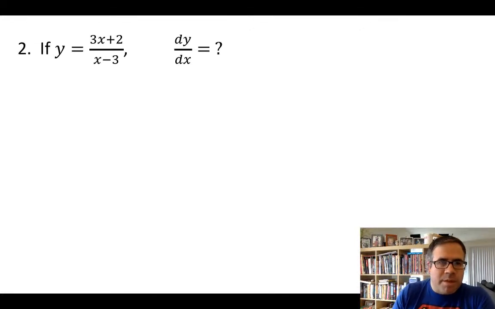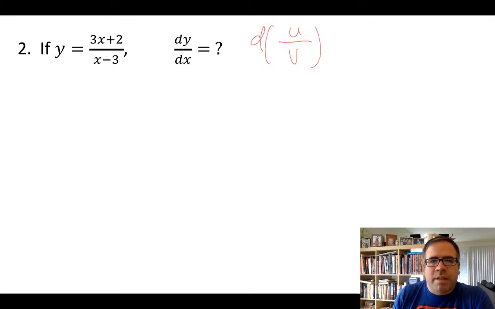quotient rule problem. So quotient rule goes, if we have a u function divided by a v function, the derivative of that is the bottom times the derivative of the top minus the top times the derivative of the bottom over the bottom squared.